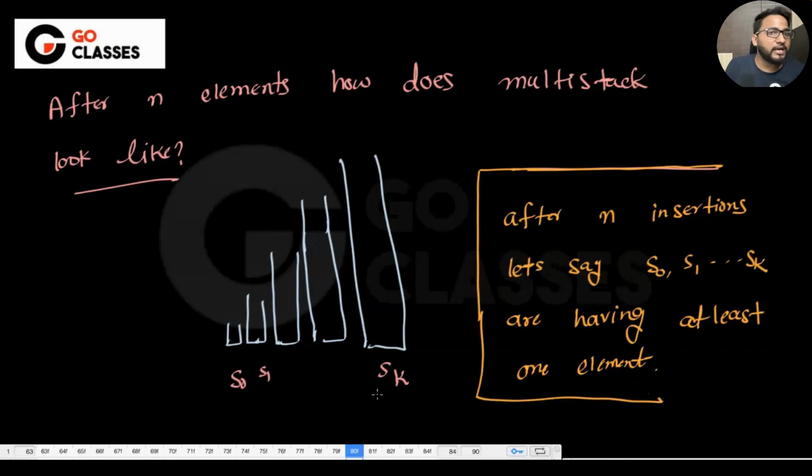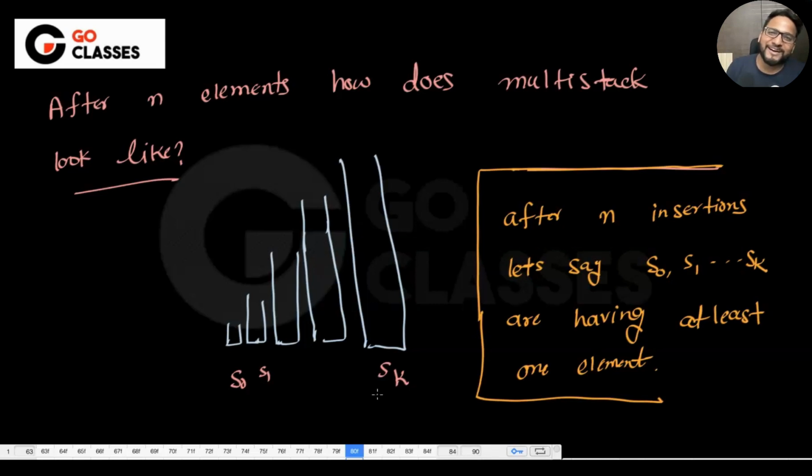Maybe k is n. Maybe k is n by 2. Can k be greater than n? Can there be 2n stacks having at least one element just because of n elements? I don't think so. Which principle from discrete math tells you this? Can anyone tell me?